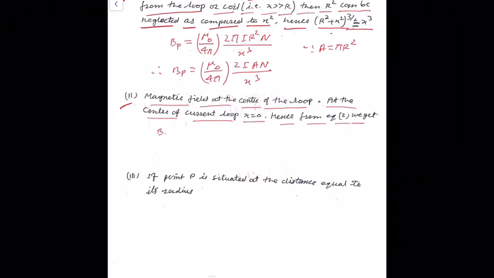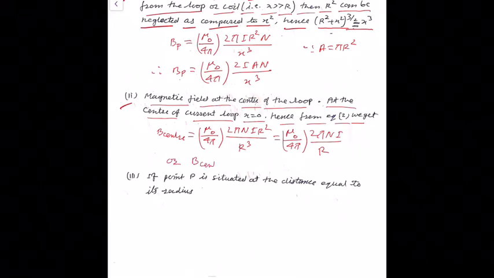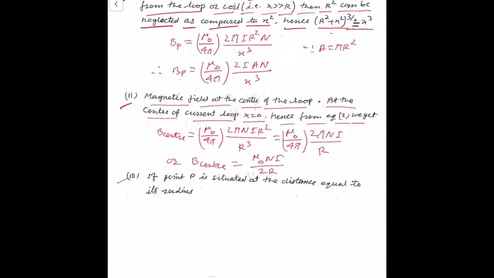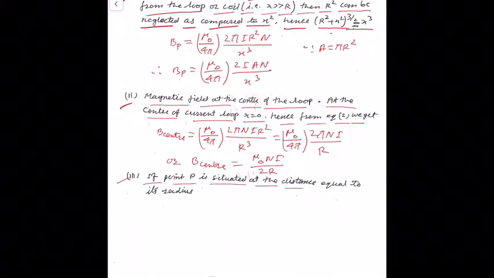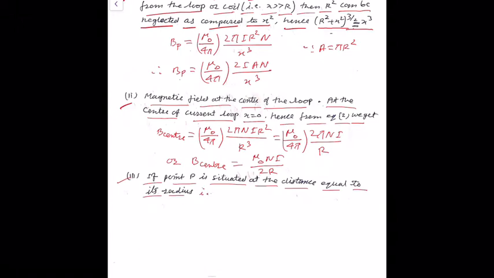Hence, from equation second we get B center is equal to mu naught upon 4 pi 2 pi n I R square upon R cube, is equal to mu naught upon 4 pi 2 pi n I upon R, or we can write B center is equal to mu naught n I upon 2R. Clear?